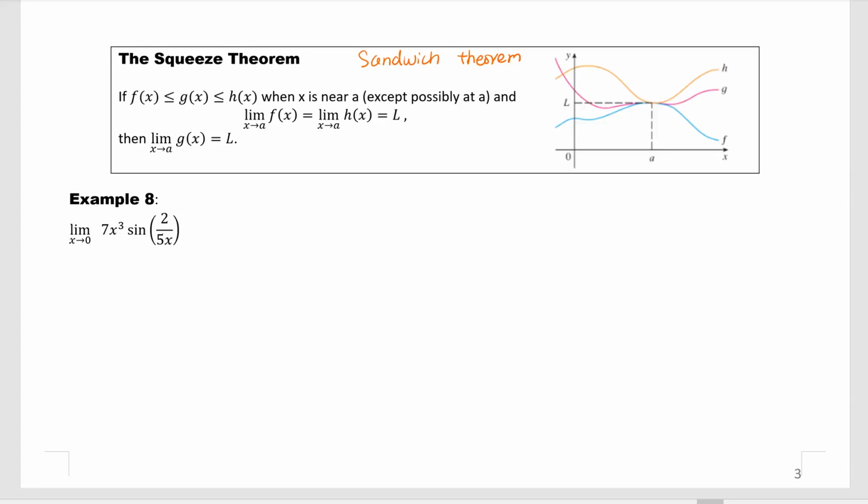Okay, so we have three functions, f, g, and h. f is the smallest function, h is the largest function, and g is in the middle. So g is bounded between f and h.